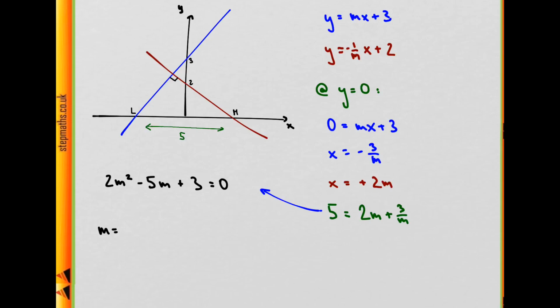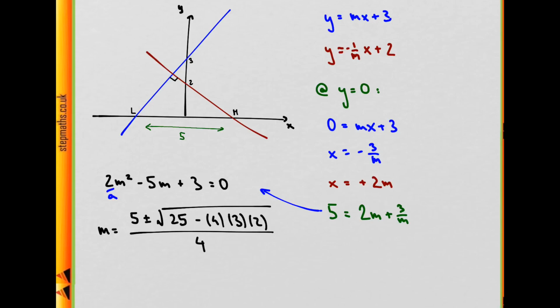Using the quadratic formula, it will be minus minus 5, that's 5, plus or minus the square root of 5 squared minus 4 times 3 times 2, so that's 4ac, divided by 2a, that's 2 times 2, which is 4. This was our a, b, and c. And this gives us either 3 halves for m, or m equals 1 if we take the negative sign.